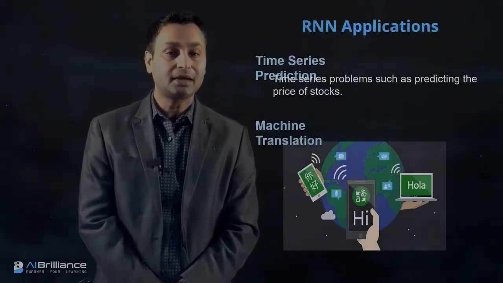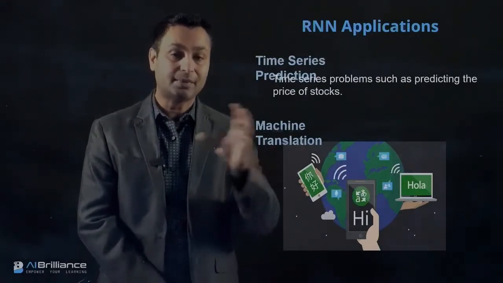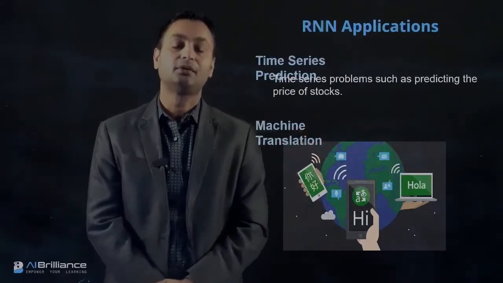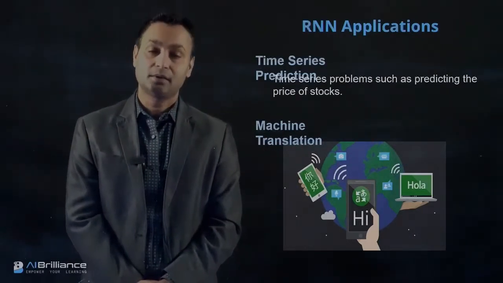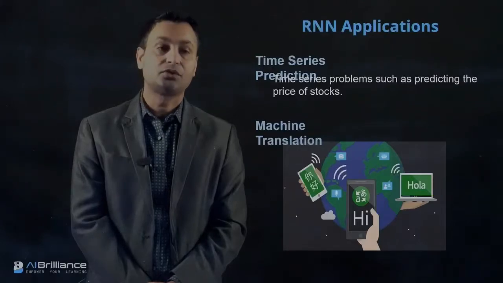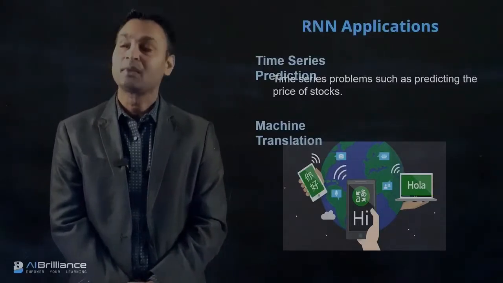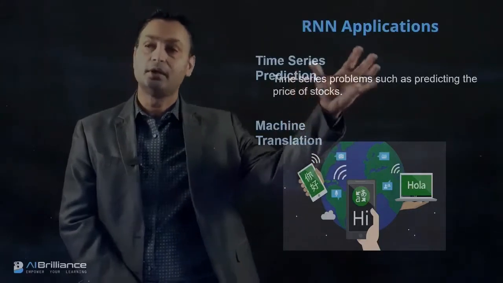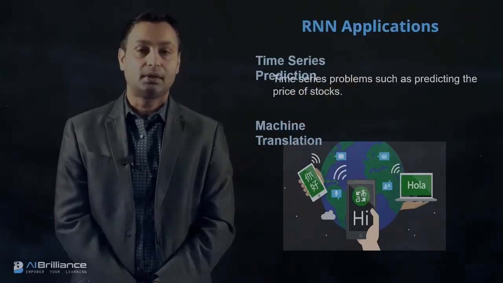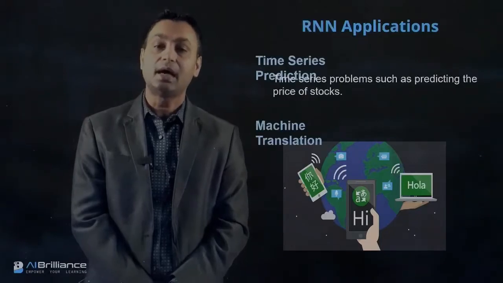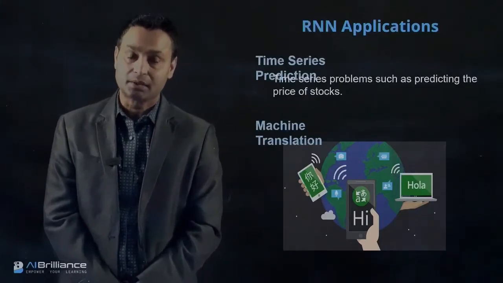If you have problems where what has happened before impacts what is going to happen in the future, then RNN is a better suited model for that. So stock prediction, price prediction, and we will go through some business use cases later on, are one class of problems where RNN applications are well justified, and RNN is probably the best architecture to do that.